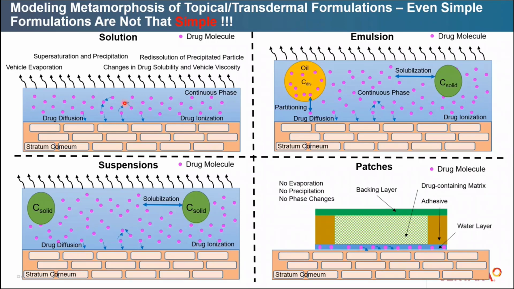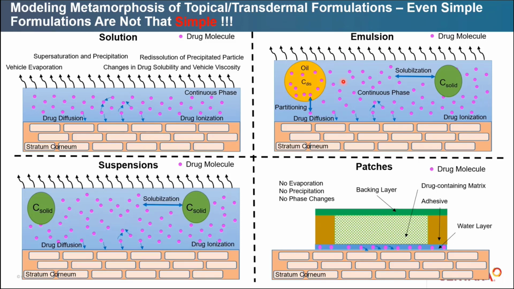Your drug diffuses from the continuous phase to the stratum corneum, and you have to take into account how the vehicle is evaporating, and any changes in drug solubility and vehicle viscosity as your product evaporates on the surface of the skin. So all these processes need to be captured in order to predict the exposure in the skin.